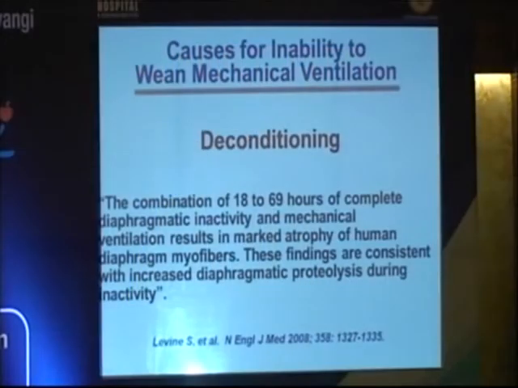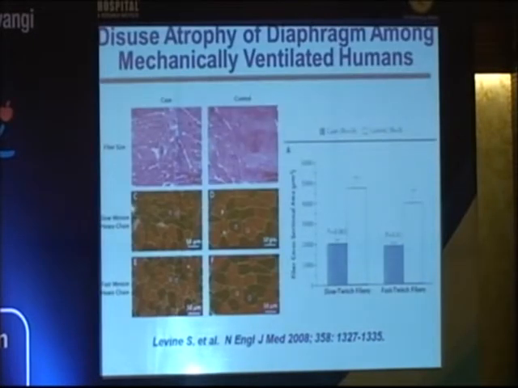But if this is excessive, you can imagine that there will be muscle weakness, including the diaphragm, and this is termed deconditioning. Even a short run on mechanical ventilation can result in protein loss from the diaphragm and less effective breathing.